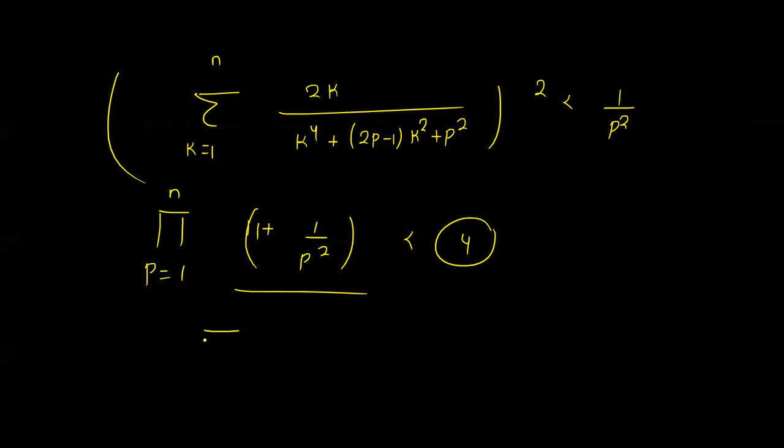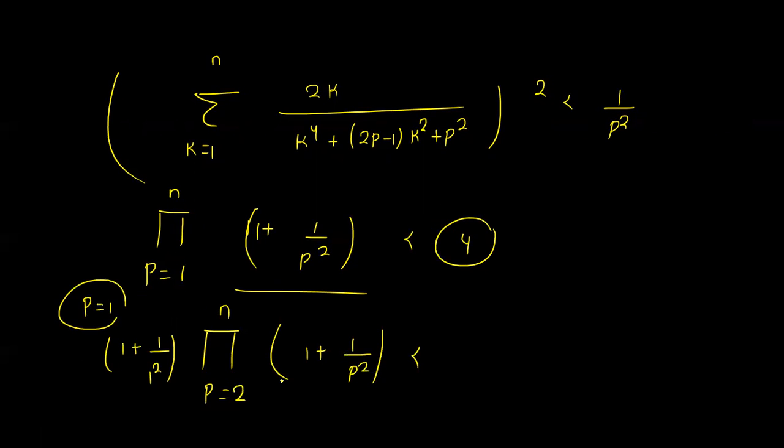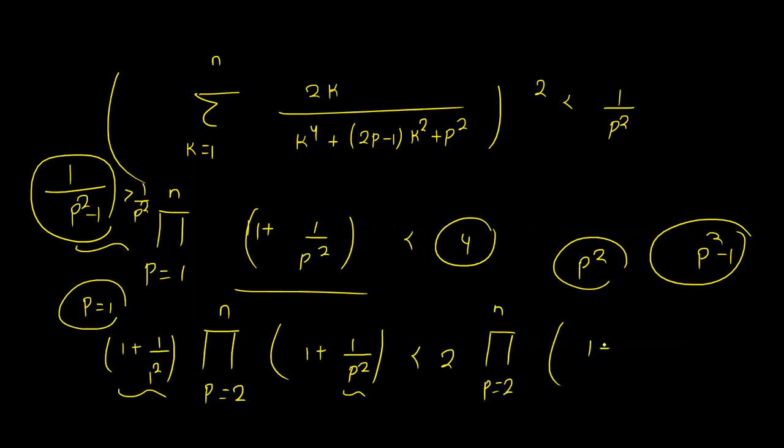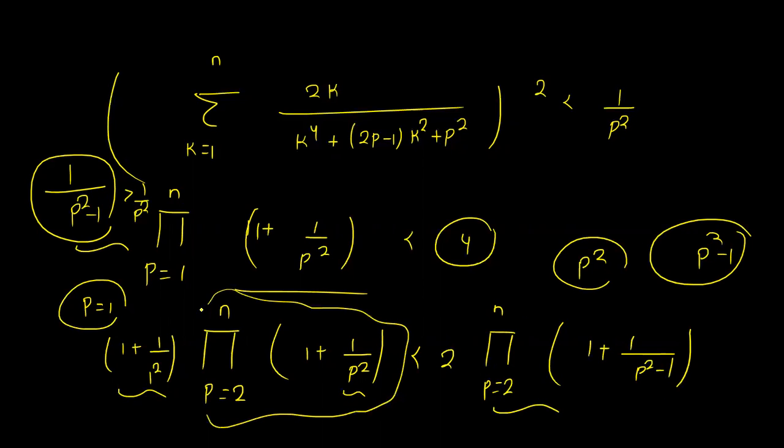So if you put p equal to 1, then the first term will come 1 plus 1 by 1 square, and the product for p from 2 to n of 1 plus 1 by p square, this thing is less than, this value is 2, and if you put instead p square minus 1, you make this term bigger. 1 by p square minus 1 is greater than 1 by p square, so the overall product of 1 plus 1 by (p square minus 1), p from 2 to n, is greater than this product.